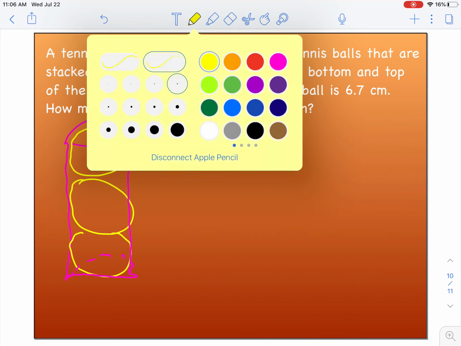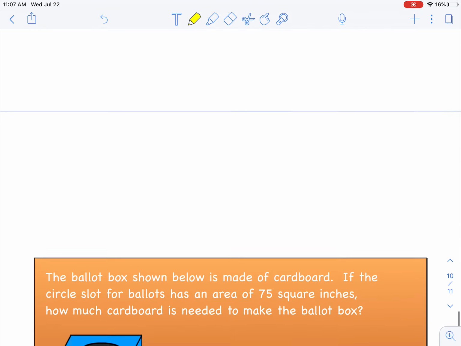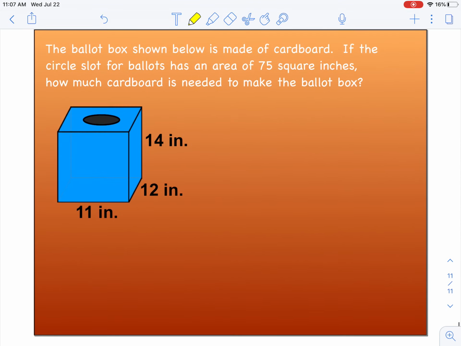So the other piece of information, I'll give you a hint, is that the diameter of one tennis ball is 6.7 centimeters. So see if you can work through that. It's kind of interesting to see and answer this question. So go ahead and try that, and then check back to the answer key for additional information if you get stuck, and also to double check your answer.